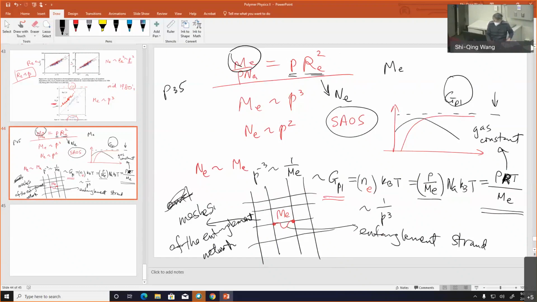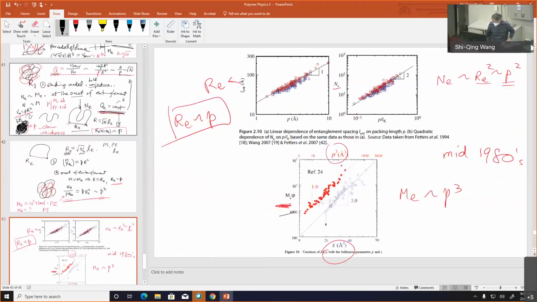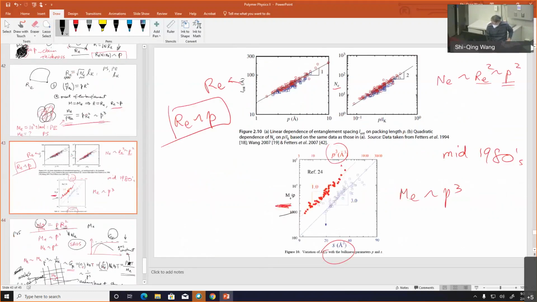If anything, I was trying to be convenient and connect for you in terms of symbols, is that I have been using R here.